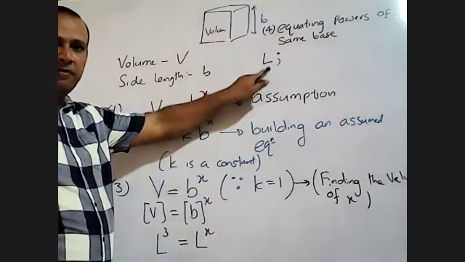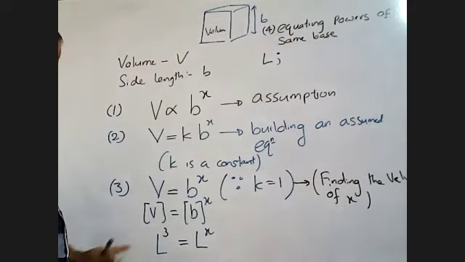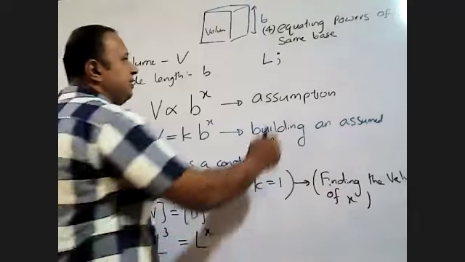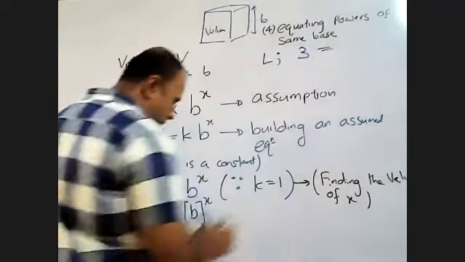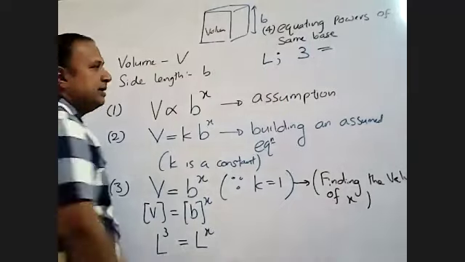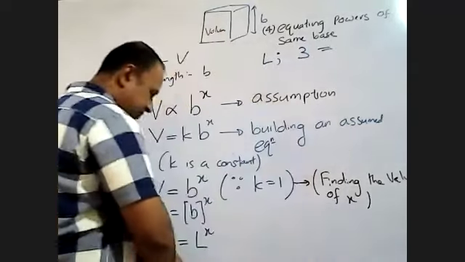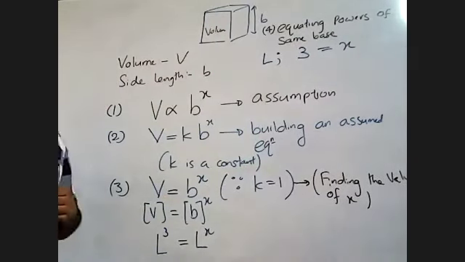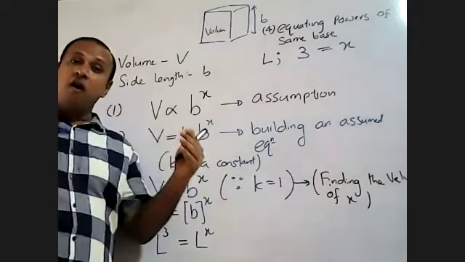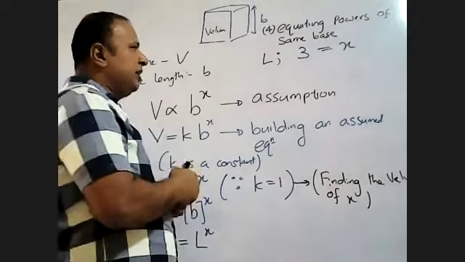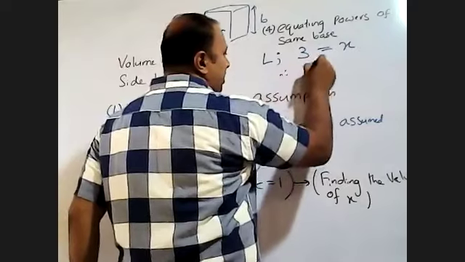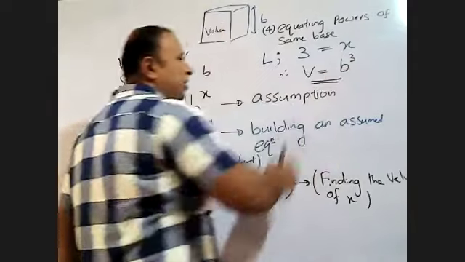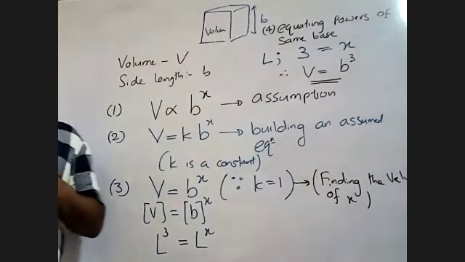Mention which base's power you are using. So the power of L in the LHS is 3, and in the RHS it is X. Therefore, X is equal to 3. Therefore, volume V is equal to B to the power 3. Did you get my point?